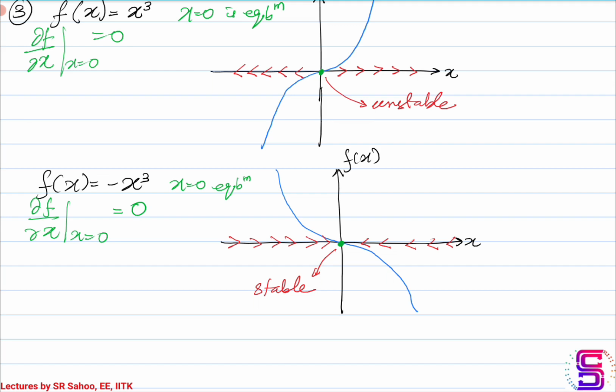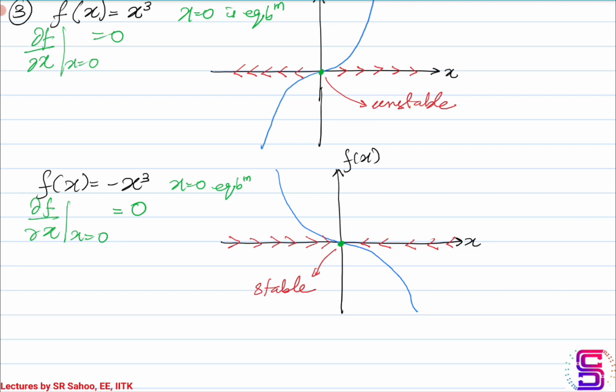So how does this idea get carried forward to higher dimensional systems? What you see here is that the slope essentially represents the behavior of the nonlinear system in very close proximity to the equilibrium point.